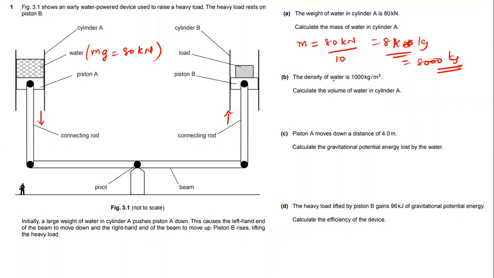The density of water is 1,000 kg per meter cube. Calculate the volume of water in cylinder A. What is the volume of water in cylinder A? How do I find volume? Which formula?